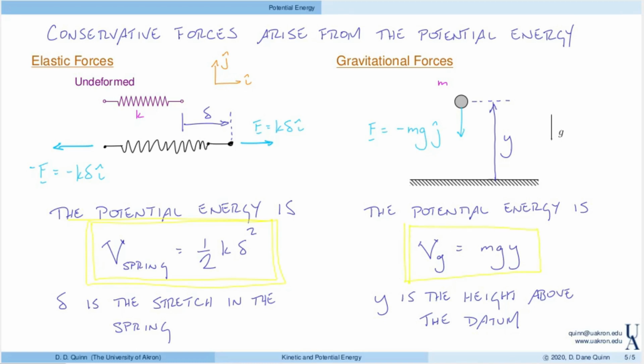So here we have the potential energy due to gravitation and the potential energy due to a spring. Those are going to be the two most common forms of potential energy that we deal with in mechanical vibrations. And really, primarily, it's going to be the potential energy due to a spring. Right? So it's 1/2 K times the stretch in the spring squared.